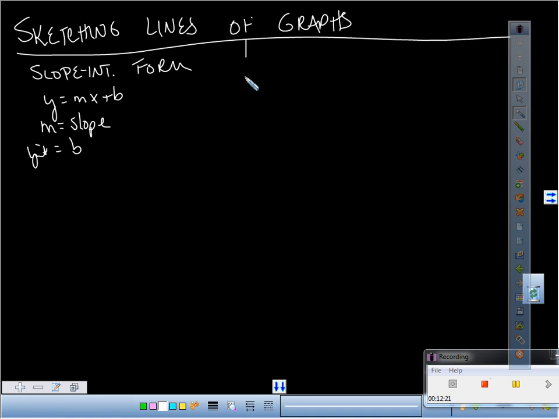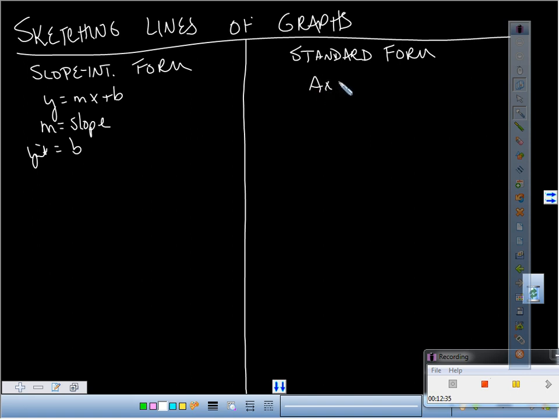I'm going to tell you that sometimes, if that equation is given to you in standard form, y'all remember standard form? Perfect. Ax + By = C. Sometimes if it's given in standard form, it's easier to do it a different way. Okay?